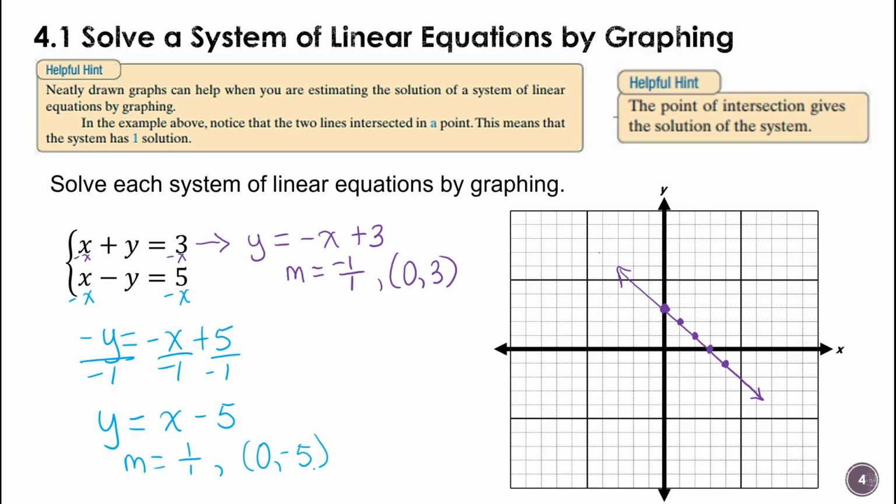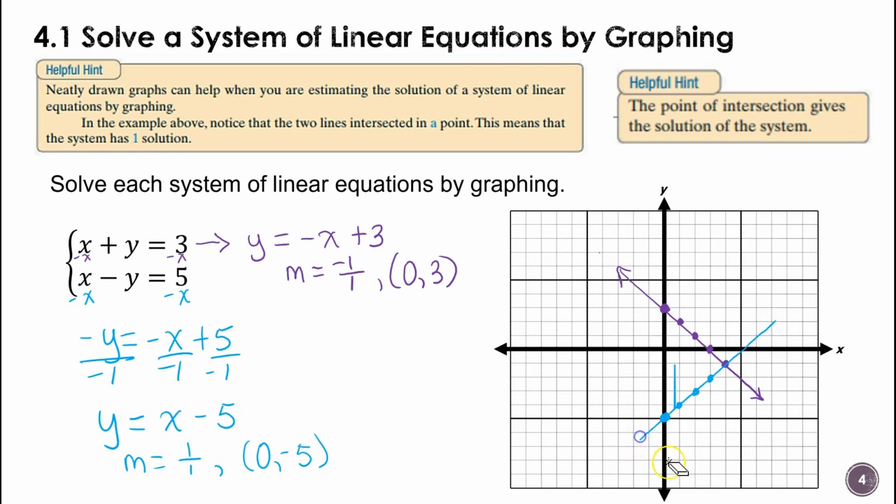Now we're going to graph this one. I have a point at 0, -5. This one has a positive slope, so I'm going to count up 1, right 1, up 1, right 1, up 1, right 1. You see what's happening? I'm just going to intersect this other line right here, and that's decent, not terrible.